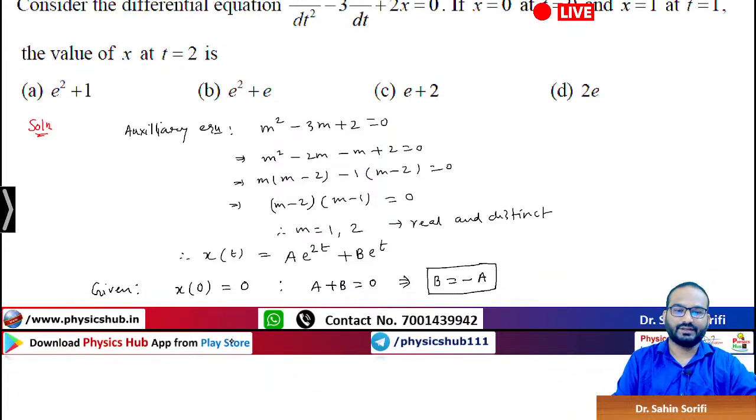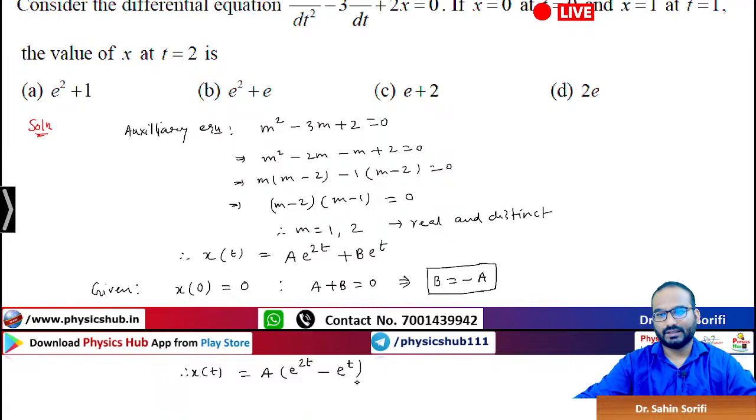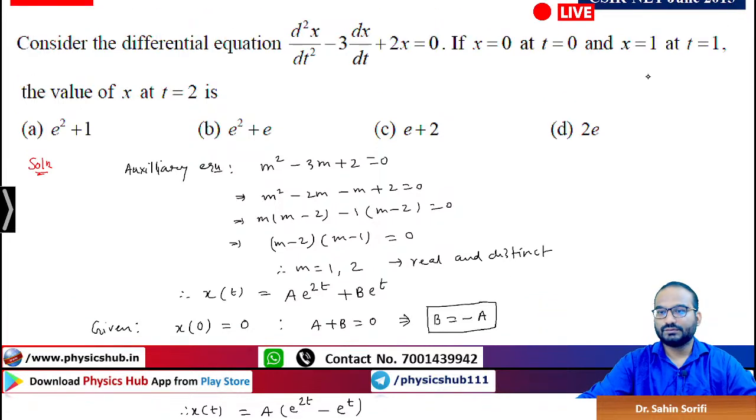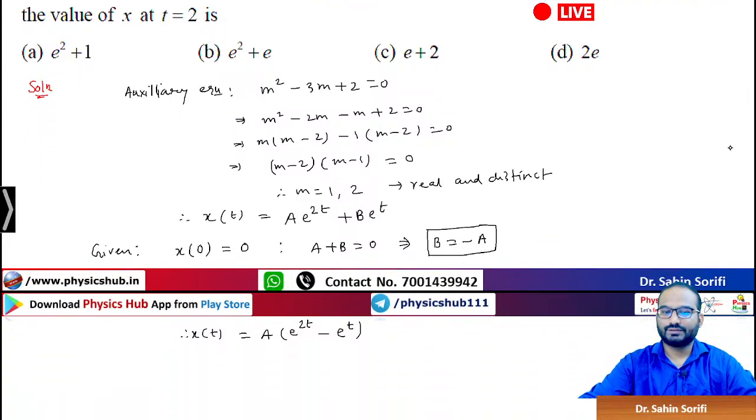Then x of t equals to a times e to the power 2t minus e to the power t. Another condition is given, two unknowns, two initial conditions you require minimum, x equals to 1 at t equals to 1.